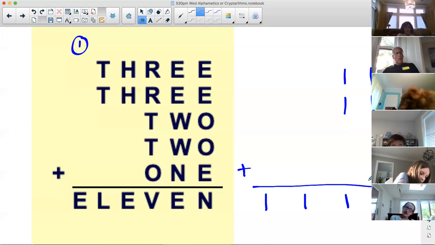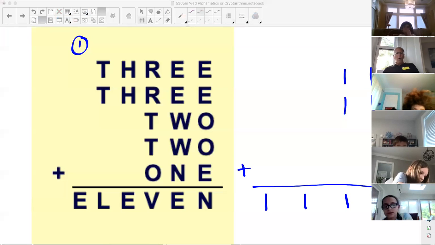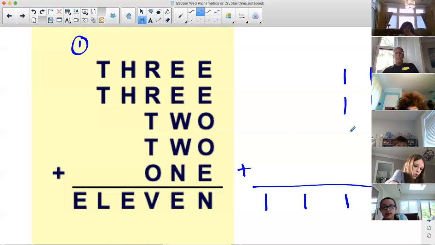For the 2 H's, would they have to be 5? Tell me why you think that the 2 H's have to be 5s, please. Because since the 1 is carried over, the 2 H's have to equal 11, and it can't be half a number.